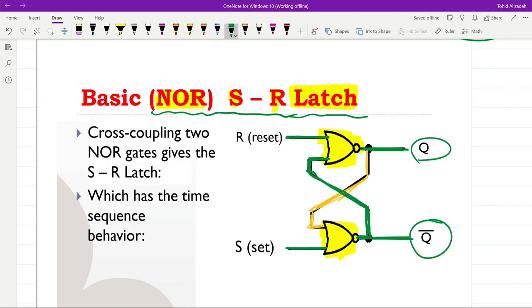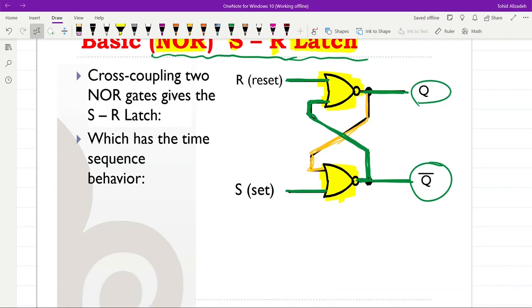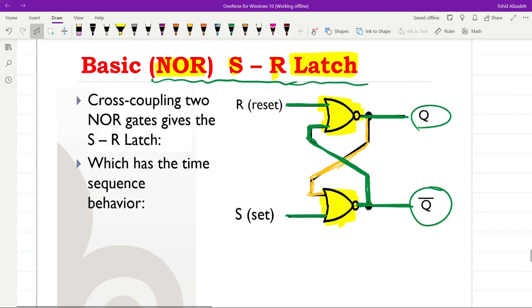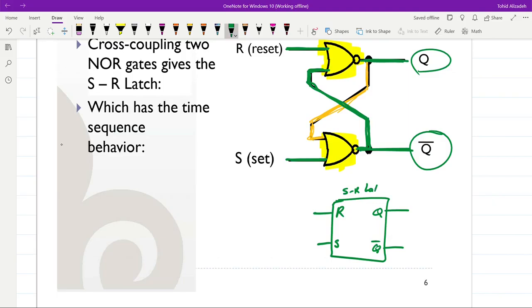We will see now how it operates. The behavior of the latch is going to be considered. We can also refer to it as this: we will have the R input, S input, Q output, and Q bar output, and this will be the SR latch.